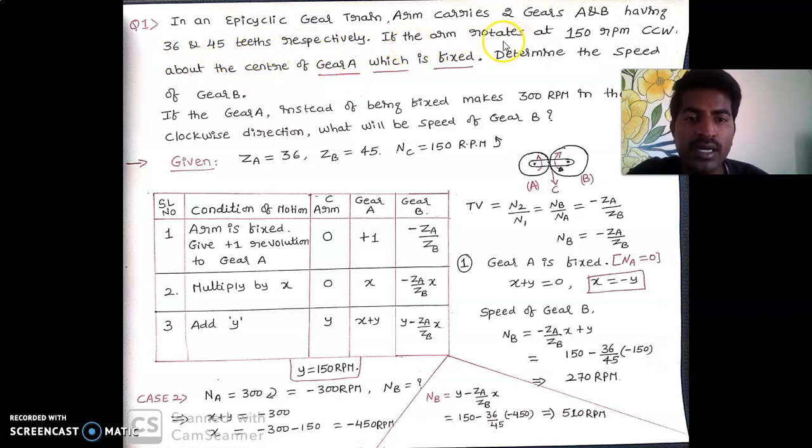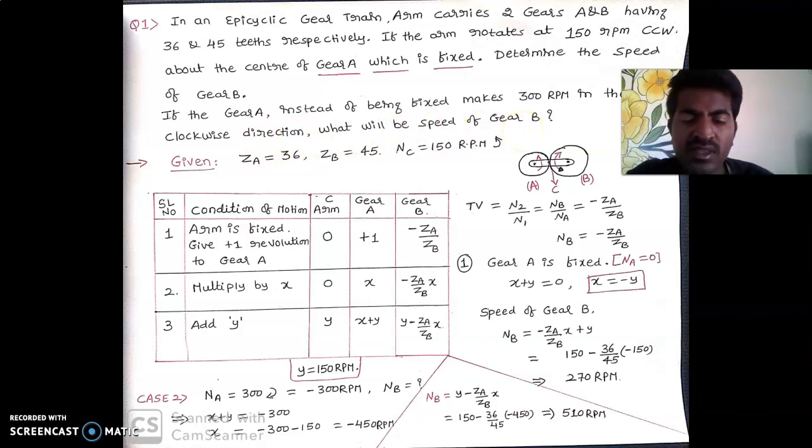If the arm rotates at 150 rpm counterclockwise about the center of the gear A, which is fixed. Remember, so here I have made the underline. This is a very important thing. Gear A is fixed. Okay. Determine the speed of the gear B. Okay. If the gear A, instead of being fixed, makes 300 rpm in the clockwise direction, what will be the speed of the gear B?